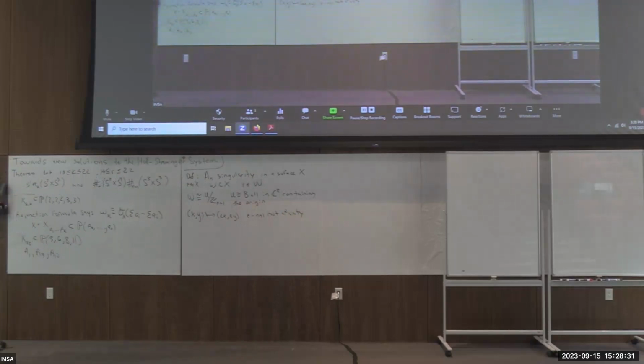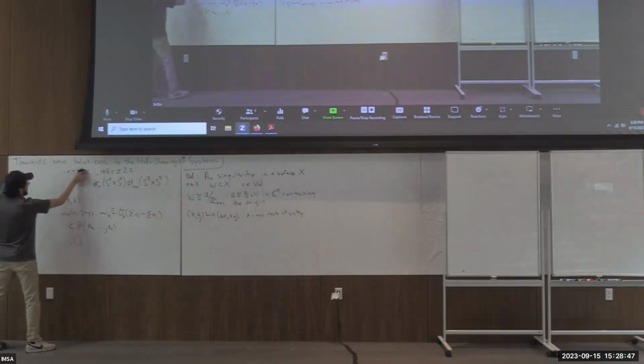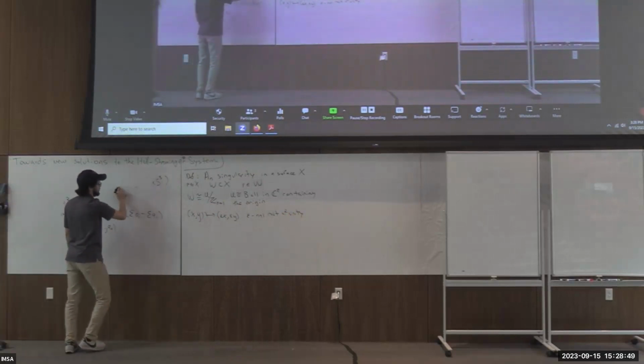Now, the method that we're going to use is resolving these singularities and getting more manifolds. Also I'll explain what the setting is in general.